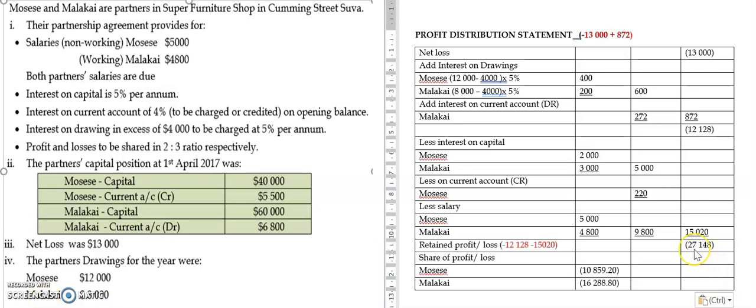When we divide 27,148 by 5, multiply by 2, Mosese gets a loss of 10,859.20, and Malakai gets $16,288.80 loss. And once we add it to this, we'll get a nil. Now let's move on to current account.